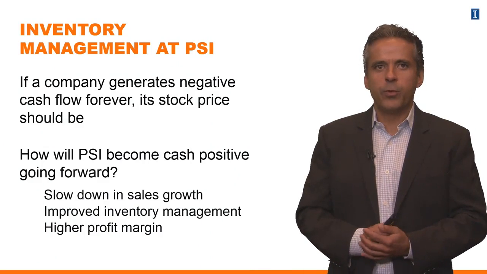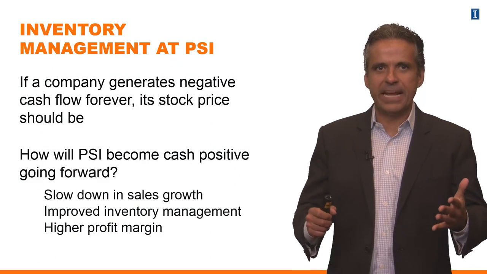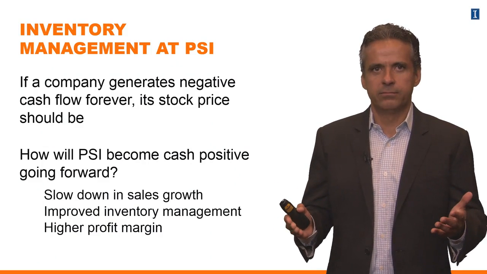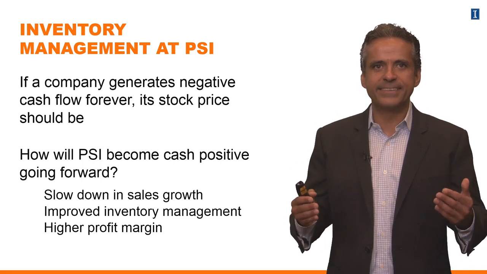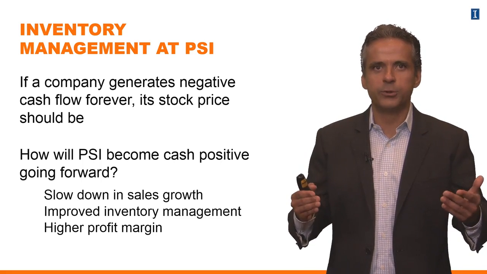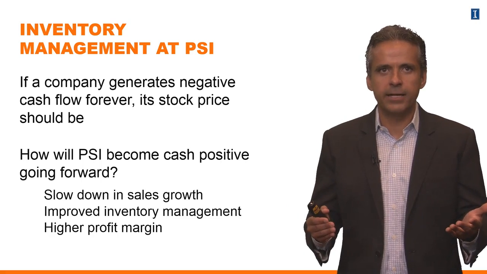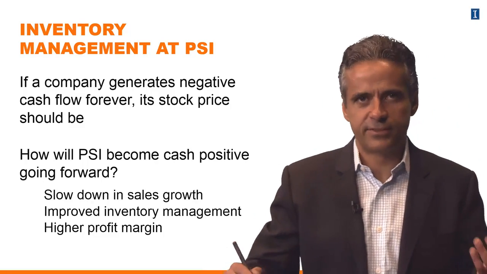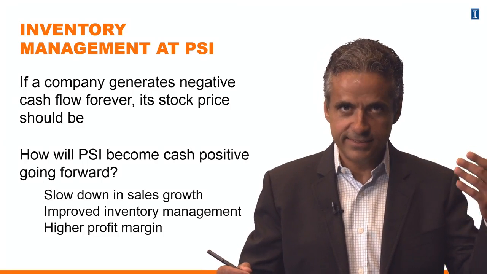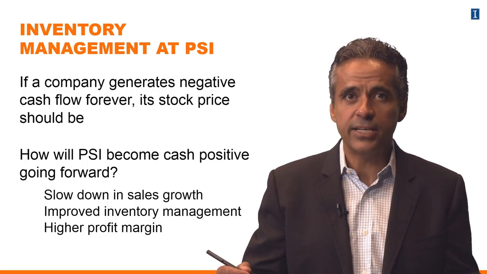This is a situation where a company seems to be generating negative cash flow forever. And ask yourself, if a company generates negative cash flow forever, what should be the stock price? Let's go back to Module 1 and think about what determines the stock price. The stock price is the discounted sum of future cash flows.